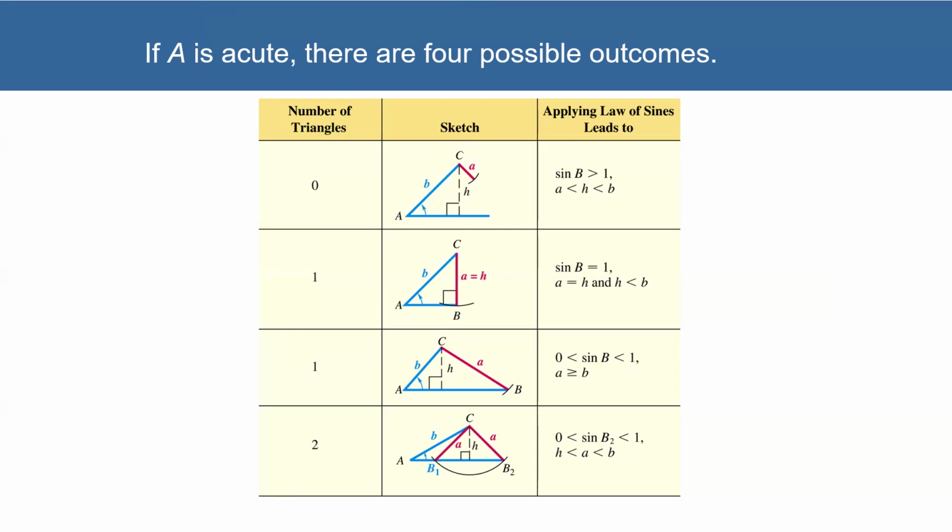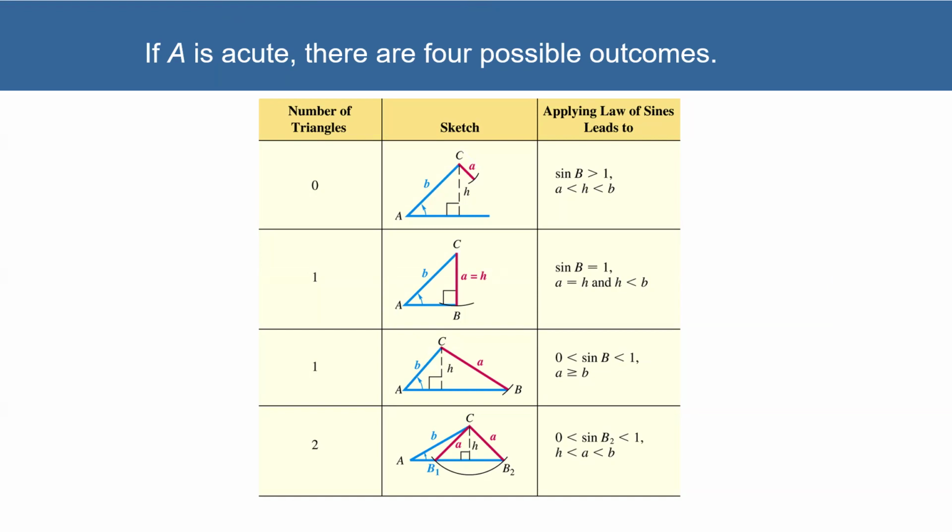So you have to pay attention to the value of your B. If the sine of B is greater than 1, we know that it's going to be a 0-case solution. If the sine of B equals 1, we know that we produced a right triangle. That's because the sine of 90 degrees is 1, right?